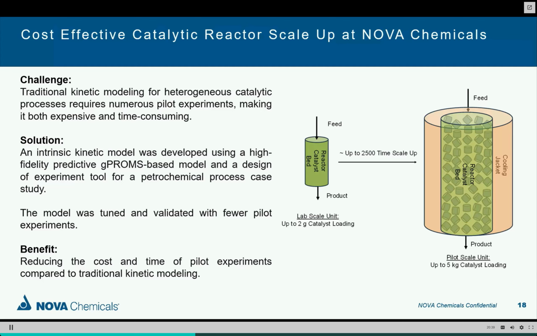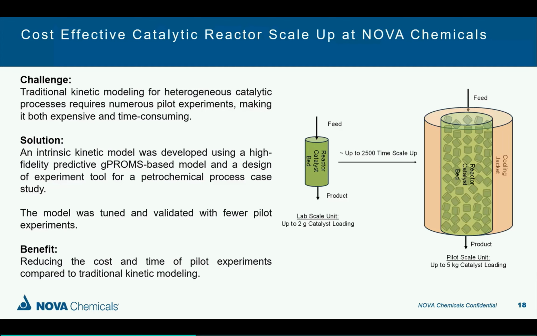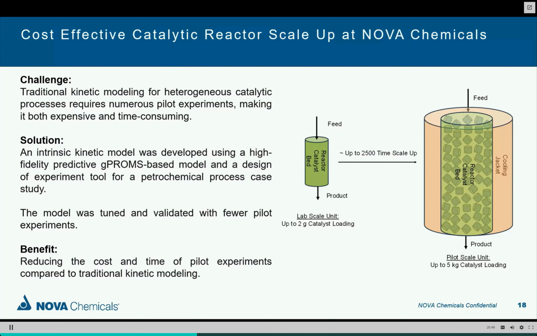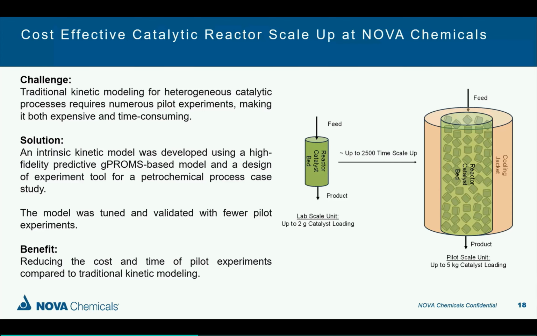Now, like any other good engineer, you need to put an index to measure your success and make sure the validation of the kinetics at the pilot and lab scale has happened. So in this case, we developed parity plots at both lab scale as well as the pilot scale. And we use catalyst performance indexed by conversion of the reactant as well as the selectivity towards valuable product as our indexes.